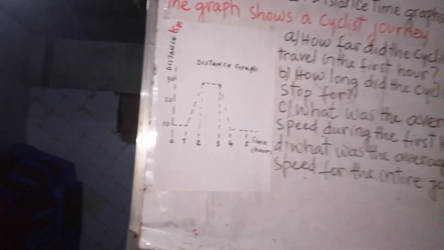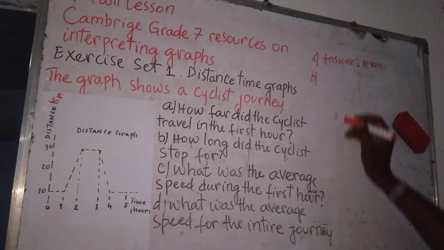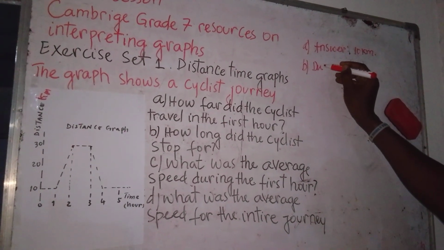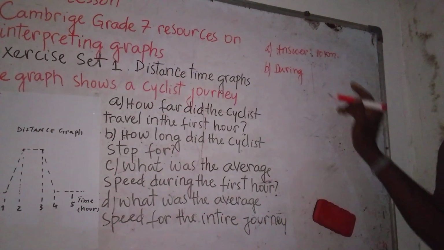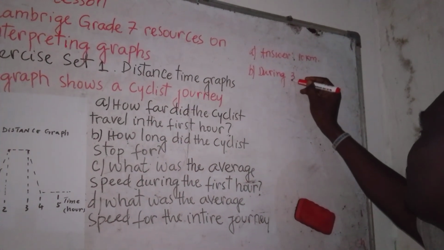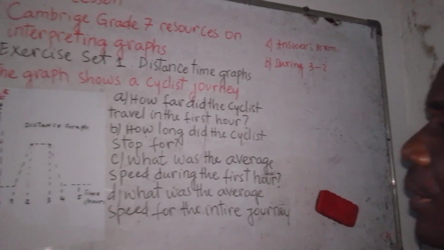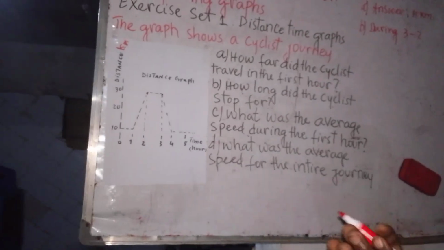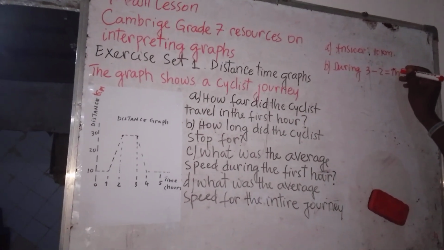That's why we answer on line B that during the time 3 minus 2, the cyclist stopped, and this time is 1 hour.